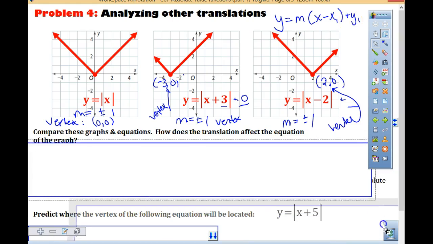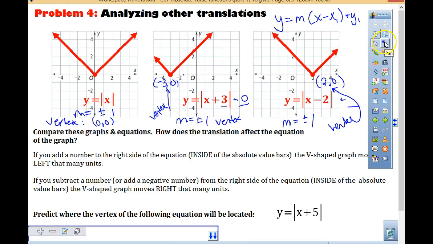So, again, I know some of you like to copy every single word. If you add a number, I would just go with inside the absolute value, the V shape moves left. I think that other part to the right of the equation gets some of you messed up. I wouldn't write it.